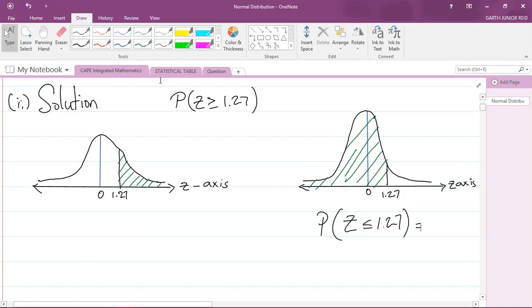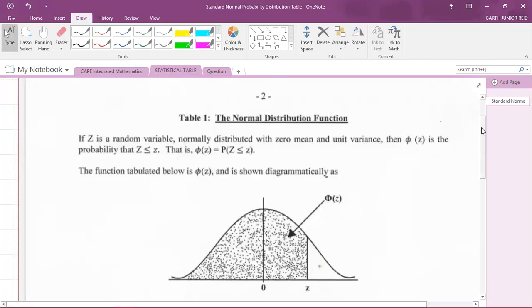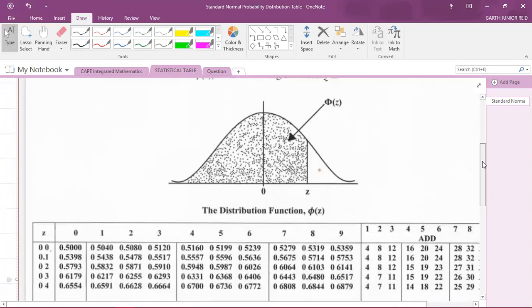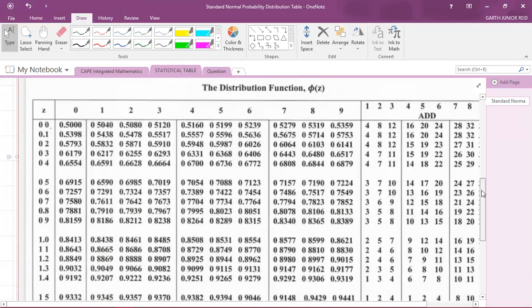And if I look at the table here, 1.27, here we have 1.2, right? And 7 is here. So my probability for 1.27 is going to be right here, right?